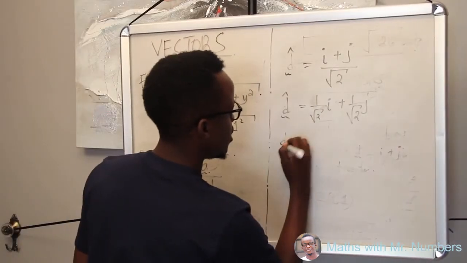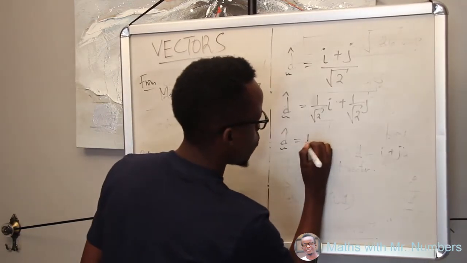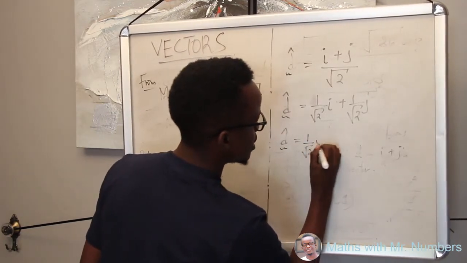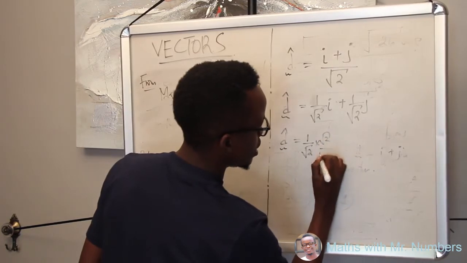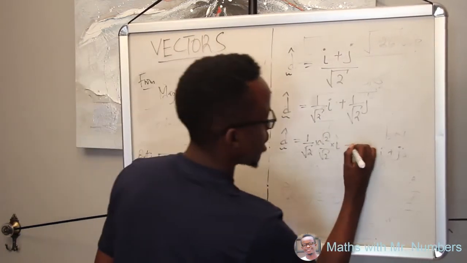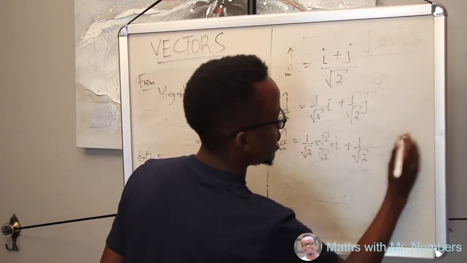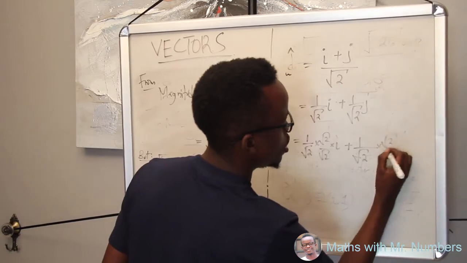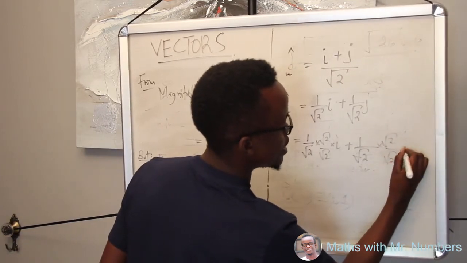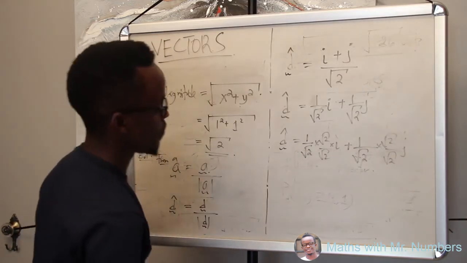Therefore, we'll have the unit vector D equals 1 over root 2 times root 2 over root 2 times i, then plus 1 over root 2 again times root 2 over root 2 times j. What are we doing here? We are just rationalizing the denominator.